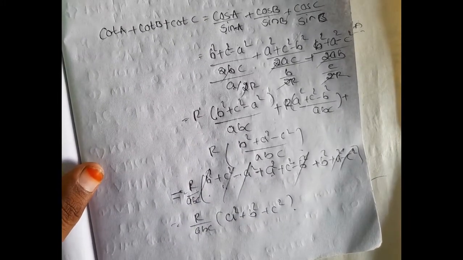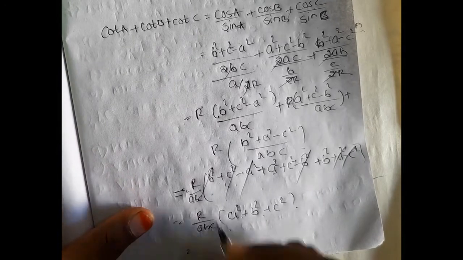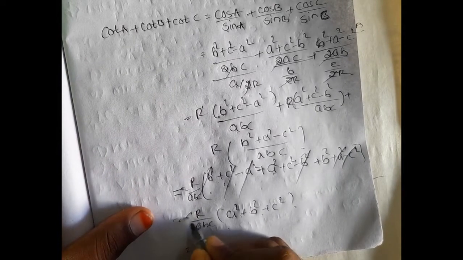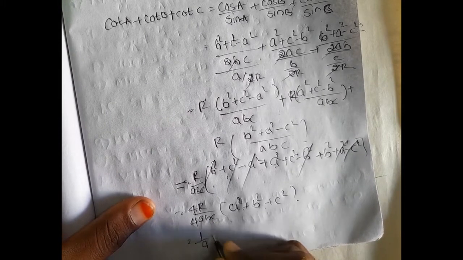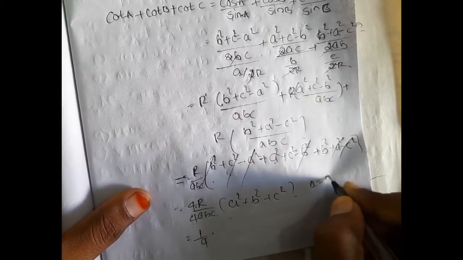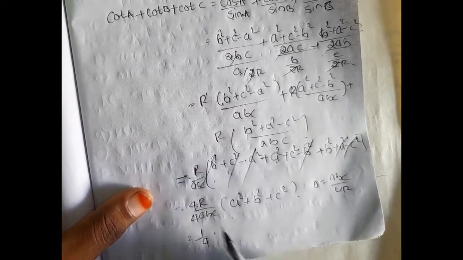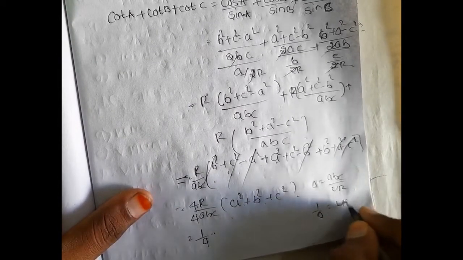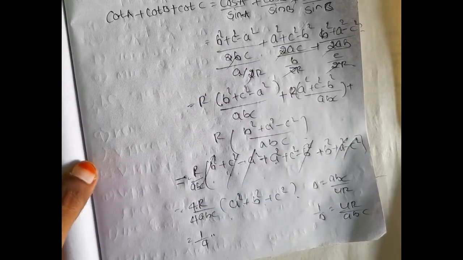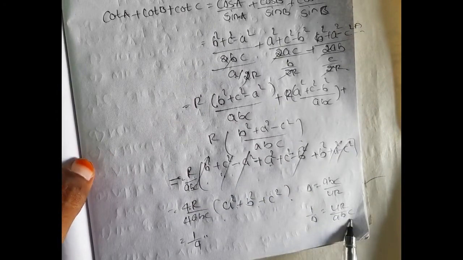Okay, so now multiplying and dividing with 4, it is like 1 by 4. What is the formula of delta? Delta equals abc by 4R, right? So 1 by delta equals 4R by abc.